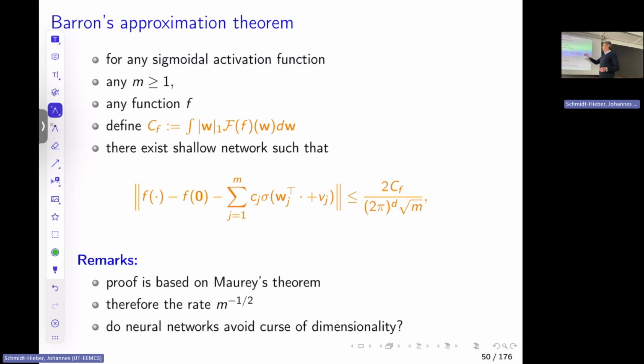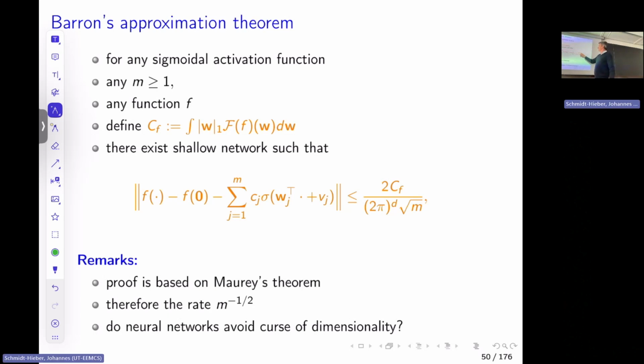The 1993 paper basically uses this Maurey theorem that I mentioned in the last lecture. And that gives, in the simple form, the 1 over square root of m rate, right? We have seen that, and you can even improve that, depending on the smoothness of the sigma and the dimension of the parameter space.